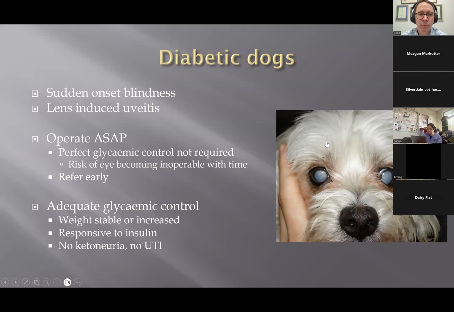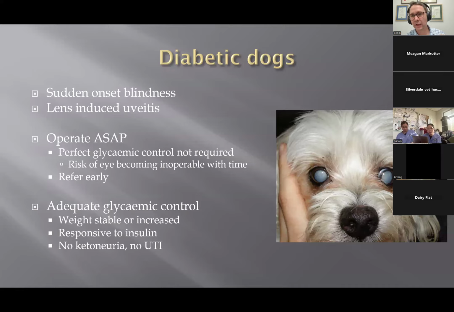My preference for these cases is to operate on them as soon as reasonably possible. The reason is that a lot of these eyes don't last. It's a ticking time bomb, really. Some dogs will last for months without surgery and they'll be fine.